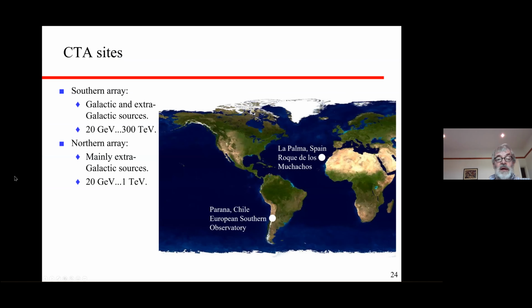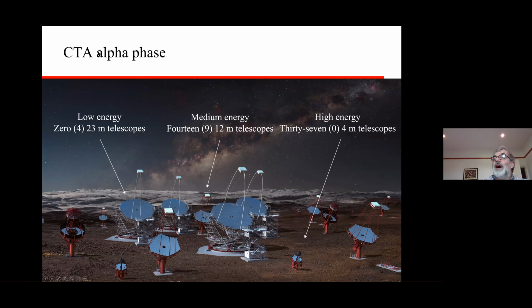So the sites chosen for the project were La Palma, which we've seen already for MAGIC, and Paranal in Chile, which is where the European Southern Observatory is located. So far, the progress has been that we've got funding for the numbers of telescopes on the southern and northern sites shown here.